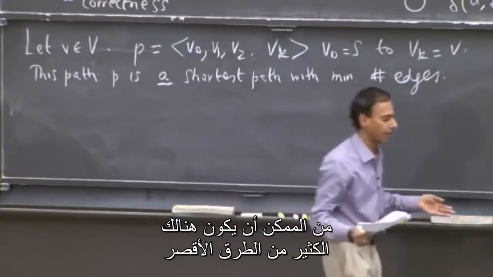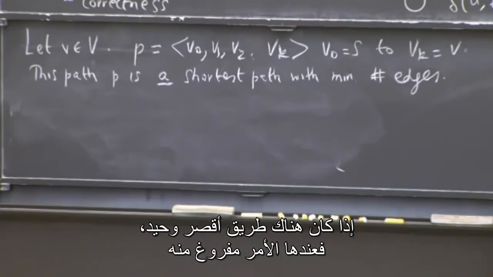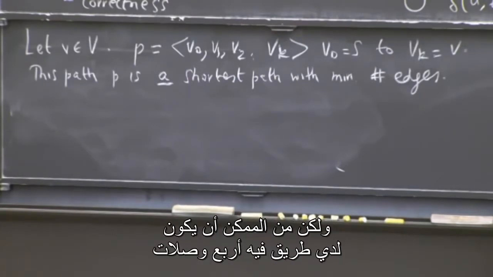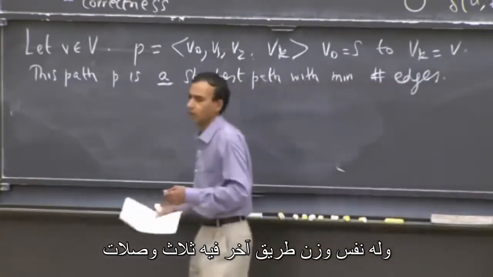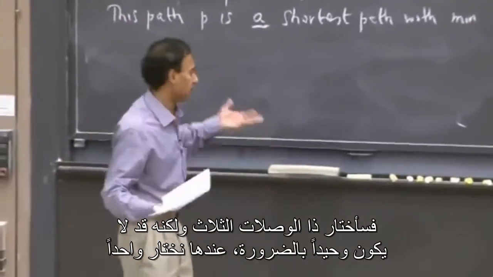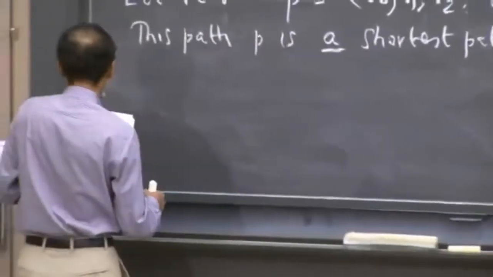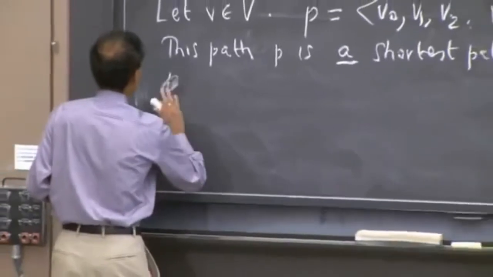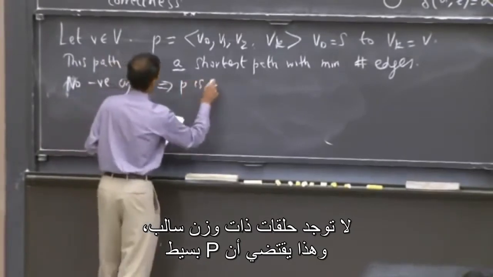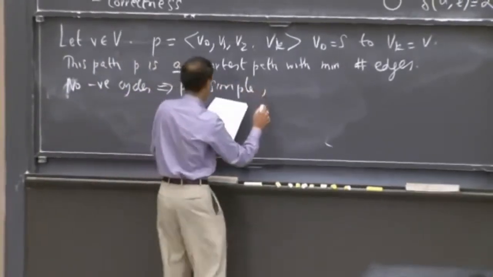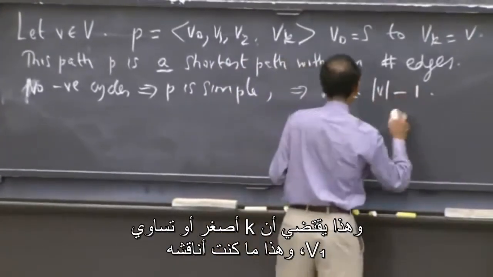There may be many shortest paths, and I'm going to pick the one that has the minimum number of edges. If there's a unique shortest path, then that's a given. But it may be that I have a path with 4 edges that has the same weight as another path with 3 edges. I'm going to pick the one that has 3 edges. So they're not necessarily unique shortest paths, but I can certainly pick one. And no negative weight cycles implies that P is simple, and that implies that K is less than or equal to V minus 1, which is what I just argued.